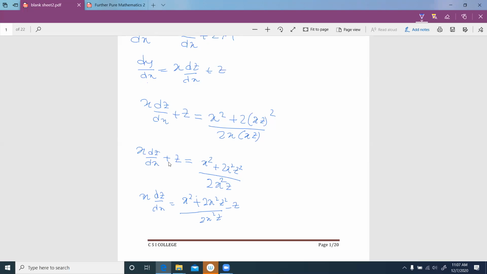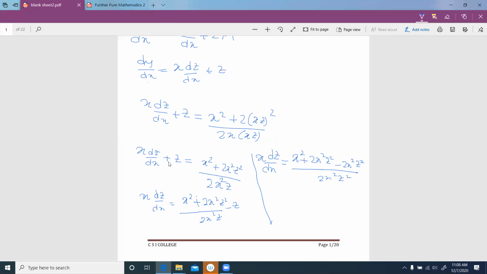Then simplifying, if you take the LCM, x dz by dx is equal to x squared plus 2x squared z squared minus 2x squared z squared divided by 2x squared z.